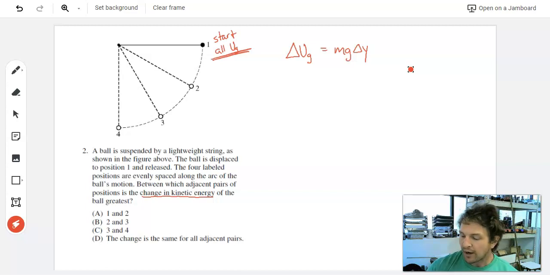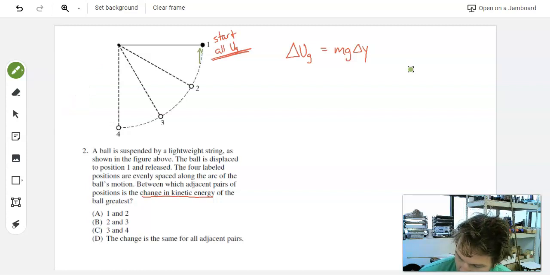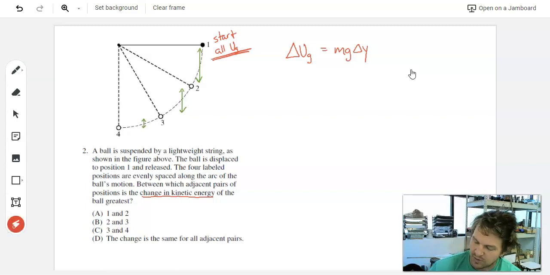So whichever pair has the biggest change in vertical height, that's going to be the biggest energy change, right? So from 1 to 2, from 2 to 3, or from 3 to 4? Definitely the biggest change in height is from 1 to 2. So that's going to be our answer, A.